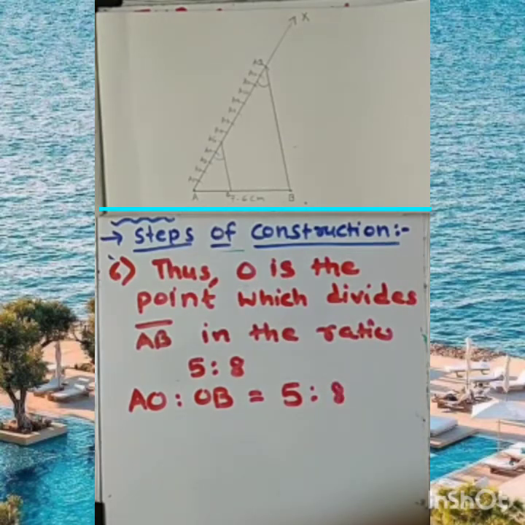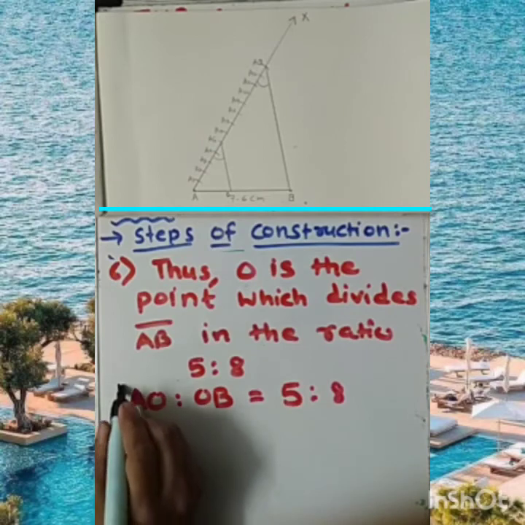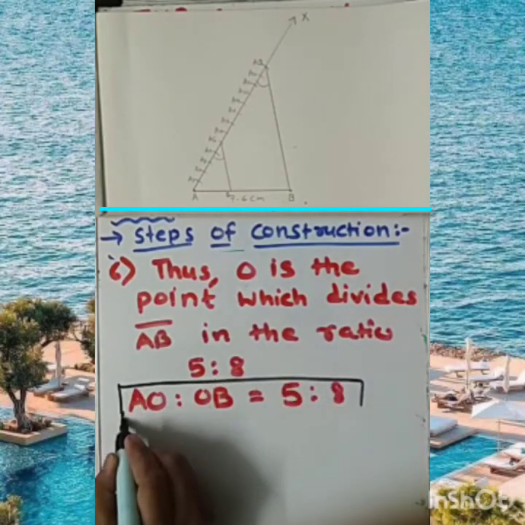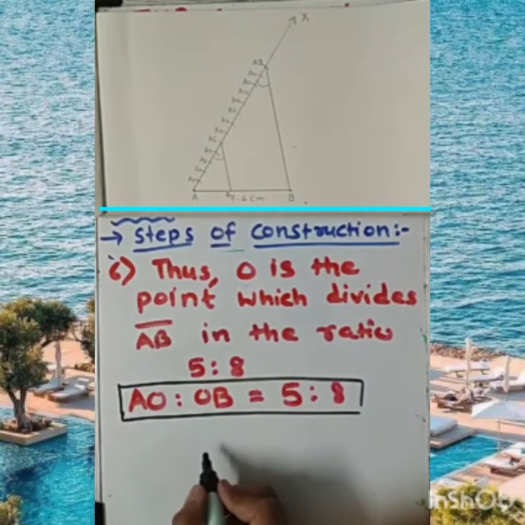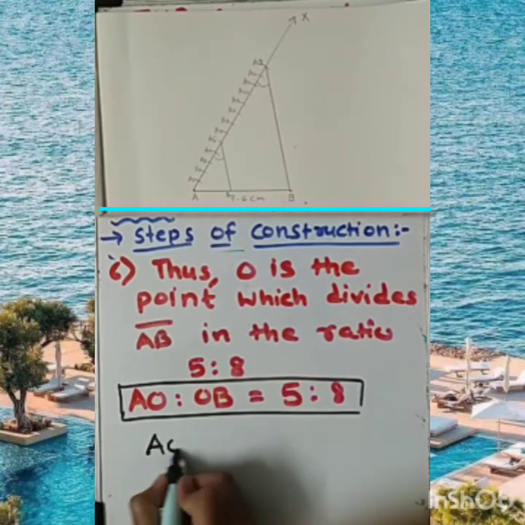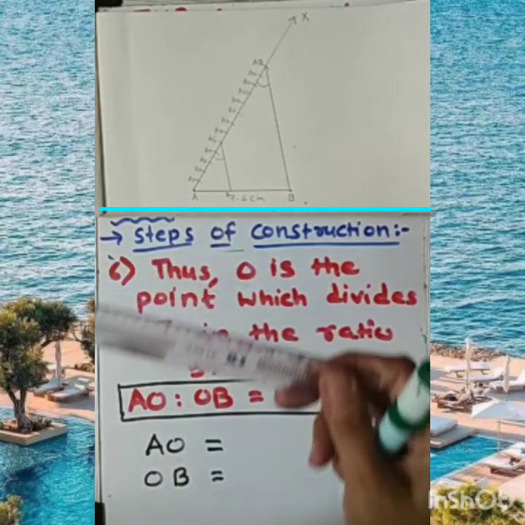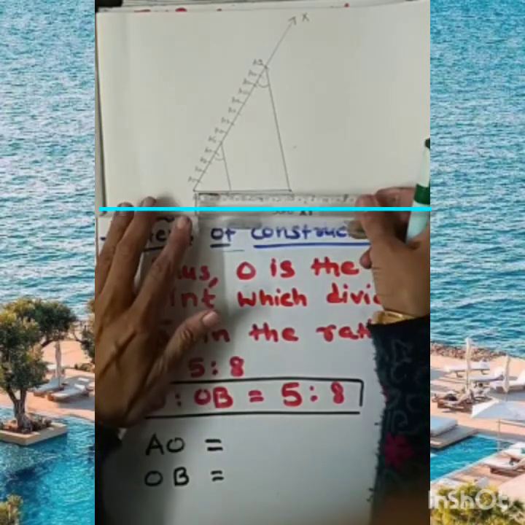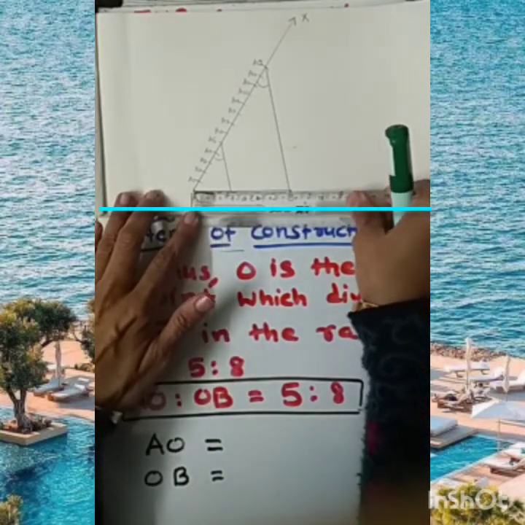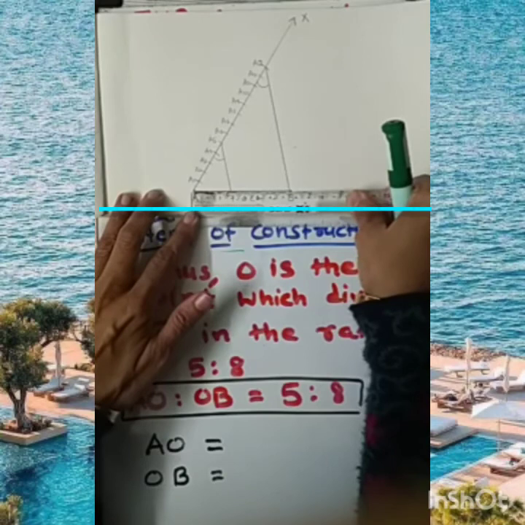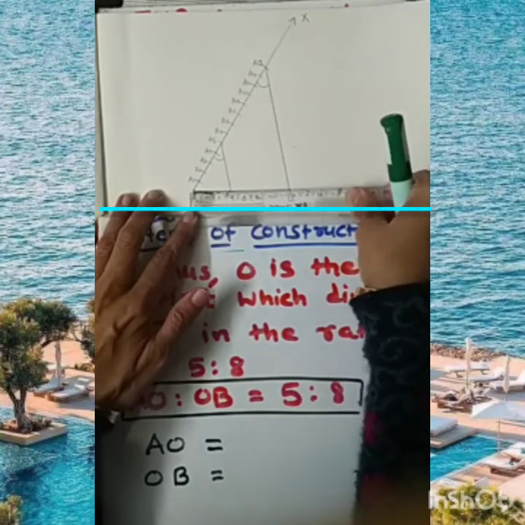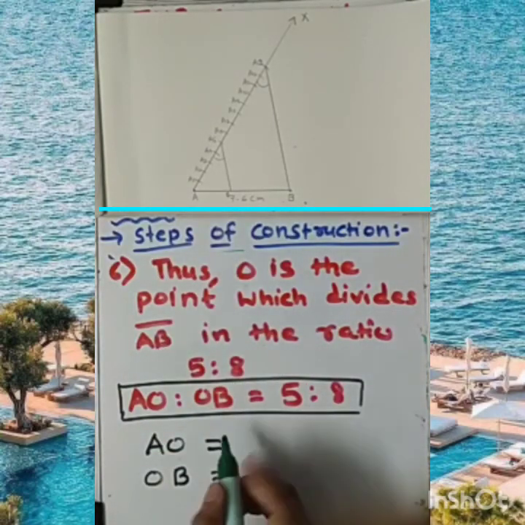Further in the question, they have asked to measure these line segments, meaning we need to find the measurement of AO and also of OB. For that, I am using my scale and measuring AO. It is coming approximately 2.9 centimeter.